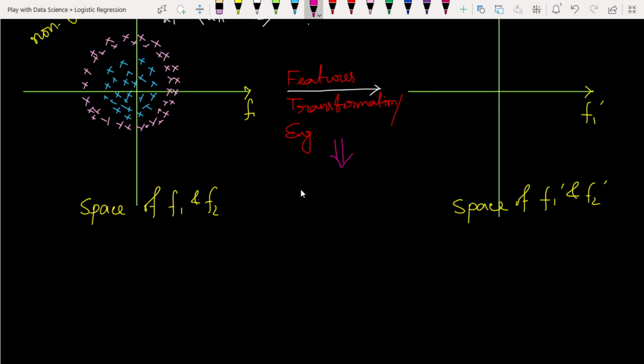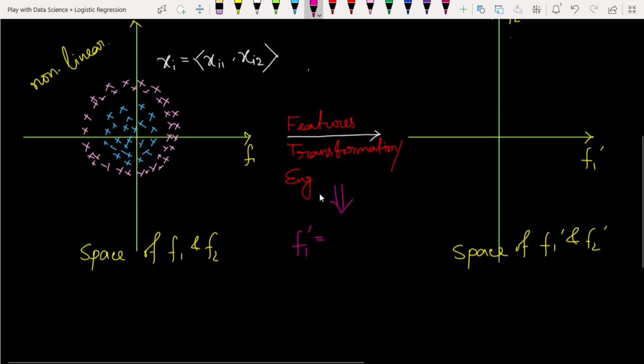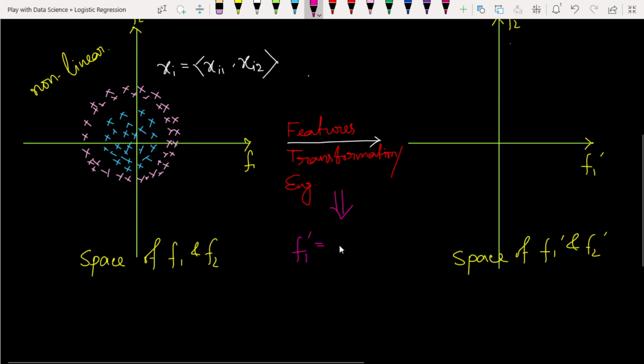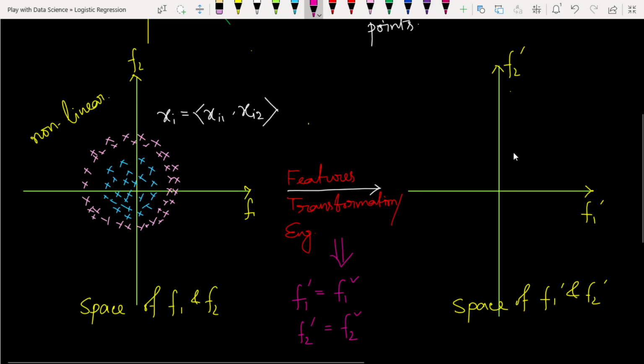Suppose f1 dash equals f1 square and f2 dash equals f2 square. Just bear with me, and then you can see how it transforms non-linear data to linear data. Here f1 dash means f1 square and f2 dash means f2 square.